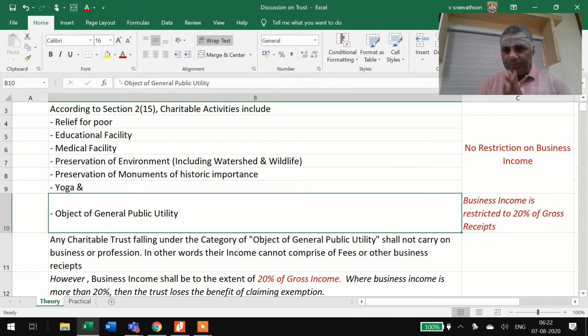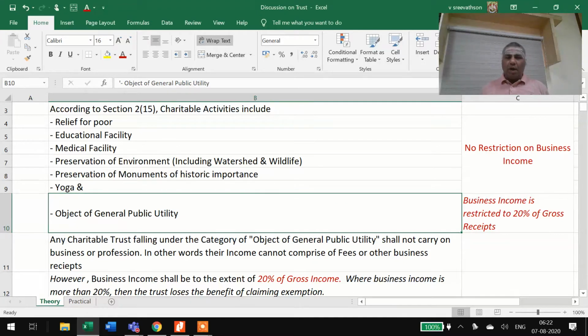Okay, so coming back, my dear friends, in your mind you can divide it into two based upon the nature of income they can earn. The first category does not have any restriction on the nature of income, which will consist of relief for poor, education, medical facility, preservation of environment, preservation of monument, yoga.